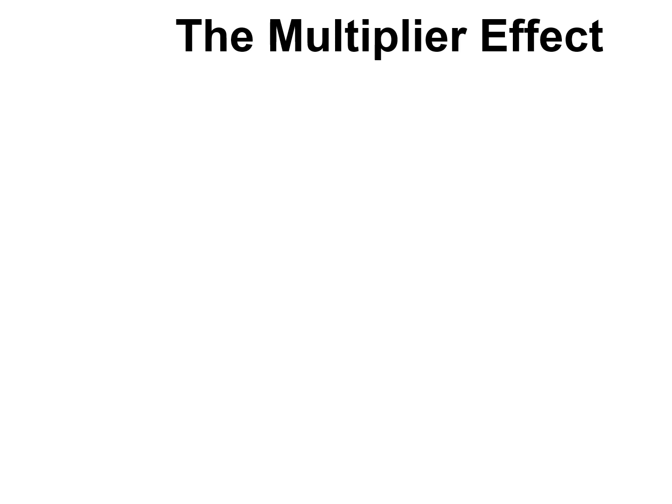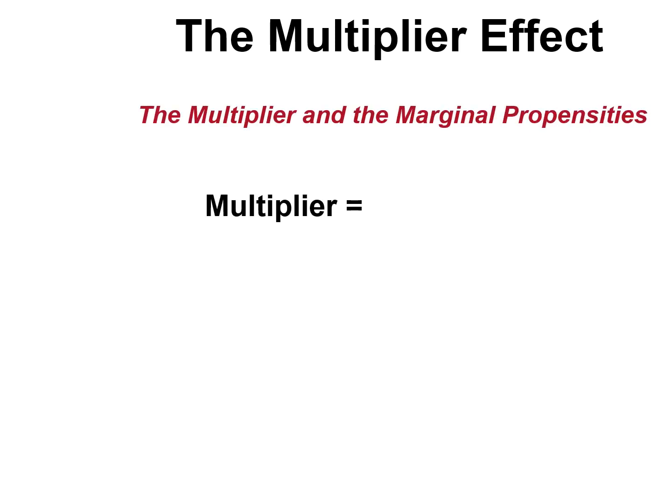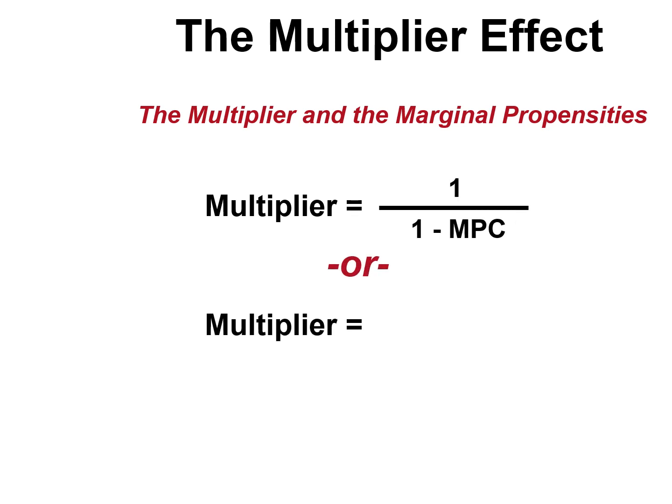In the previous slide we introduced the macroeconomic concept of the multiplier. Initial changes in spending ultimately have a much larger impact on total change in GDP. To calculate the strength of the multiplier, we can use either the marginal propensity to consume or the marginal propensity to save. By default, if we know one, we know the other.